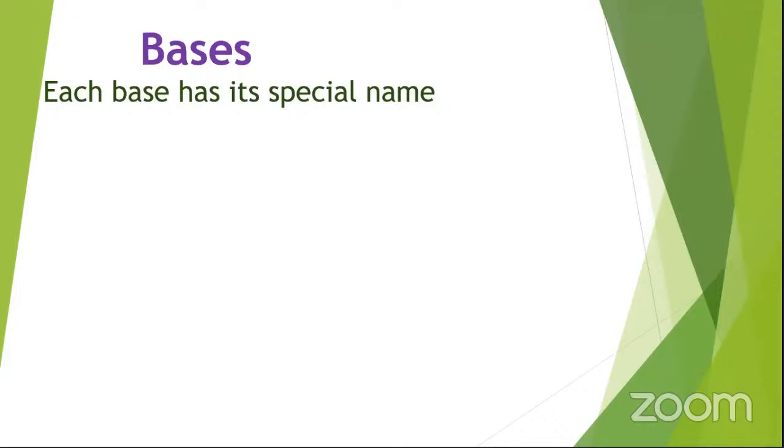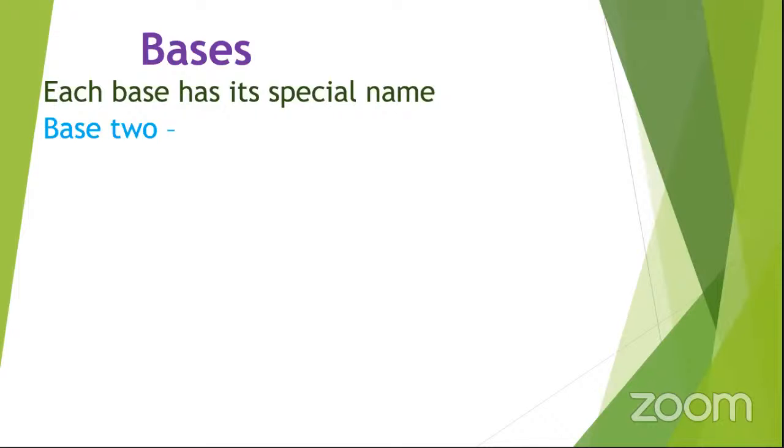I was saying that each base has its special name. For example, base 2. Let us recall the first note I gave you, that each base contains digits equivalent to its base name.